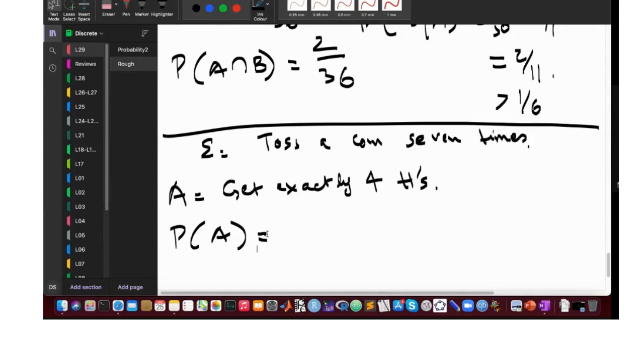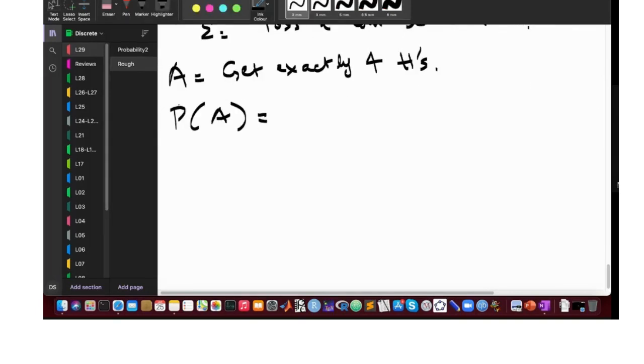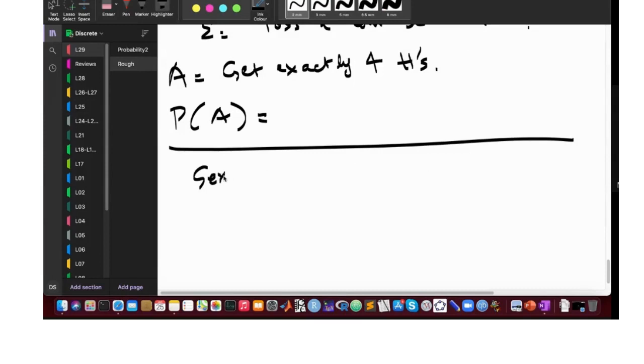ये बिट स्ट्रिंग्स वाली बात समझ नहीं आई सर. Okay, let me go ahead and do this. So you generate 7 bits at random.